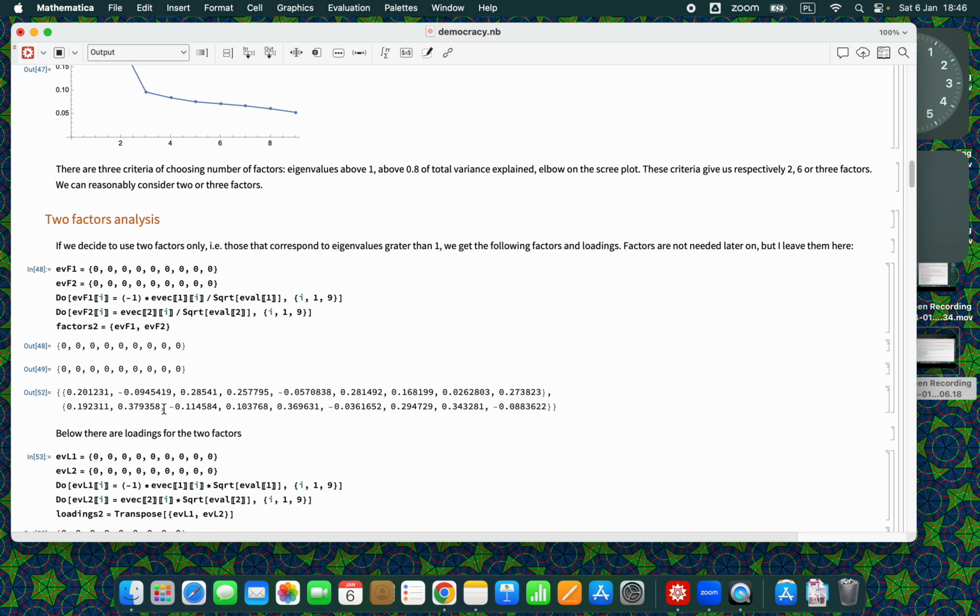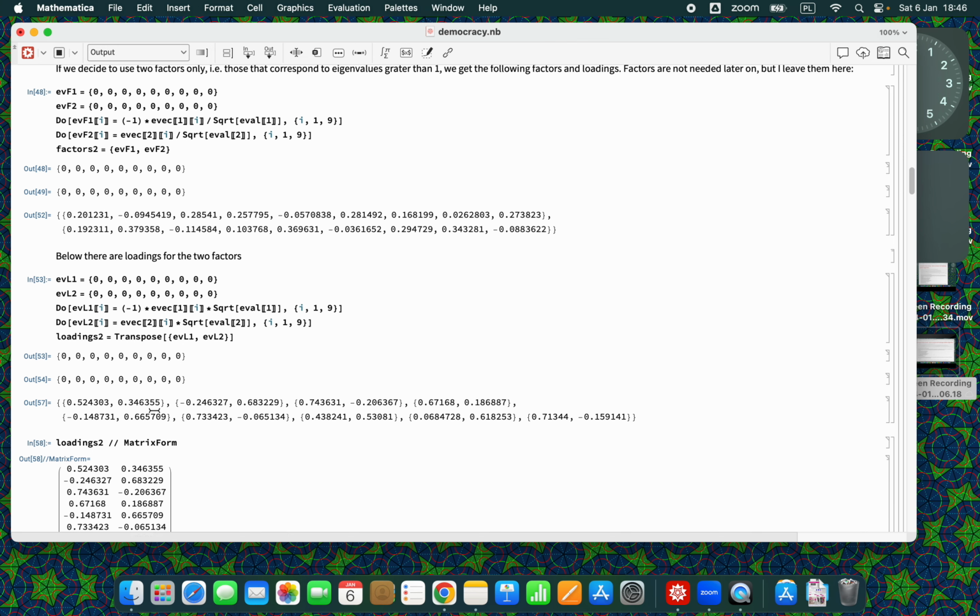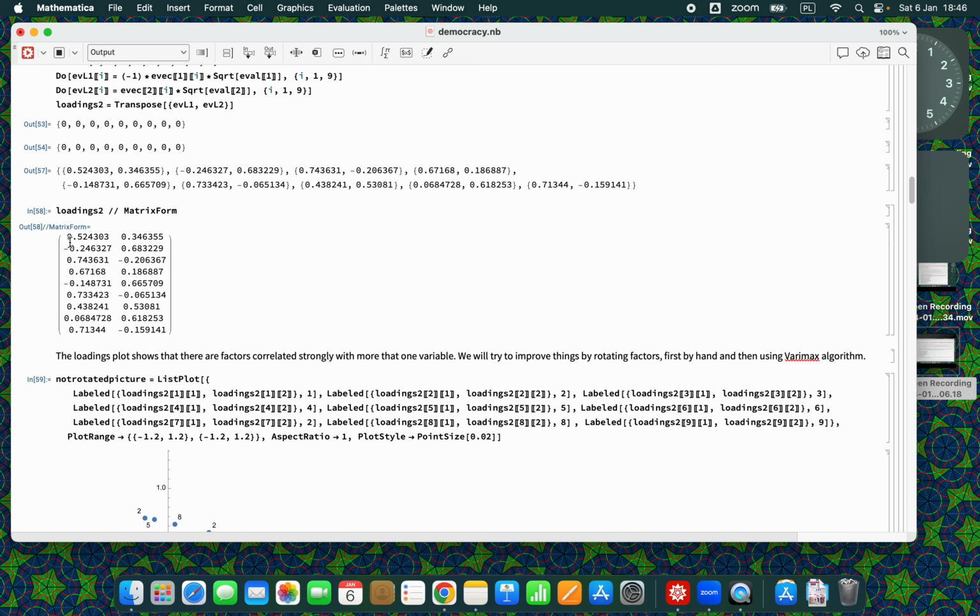First, we calculate factors. The factors will not be needed later because we are just doing factor analysis and don't use the results for some further statistical calculations. So what we really need are loadings. Here we calculate loadings, and we look at the loadings.